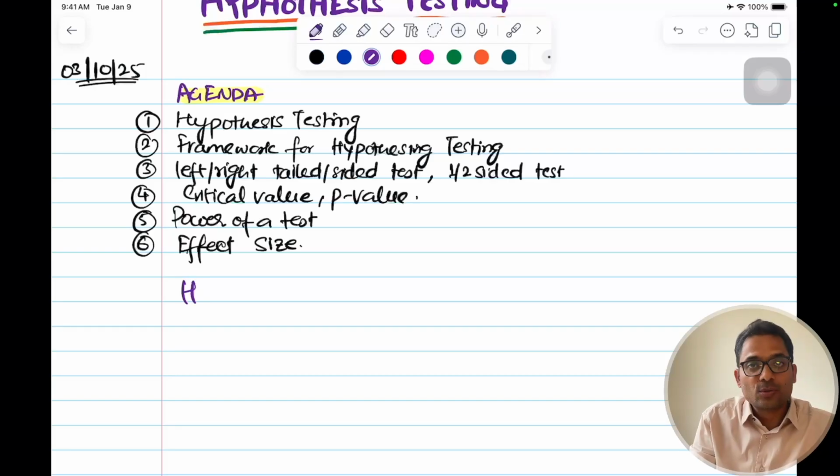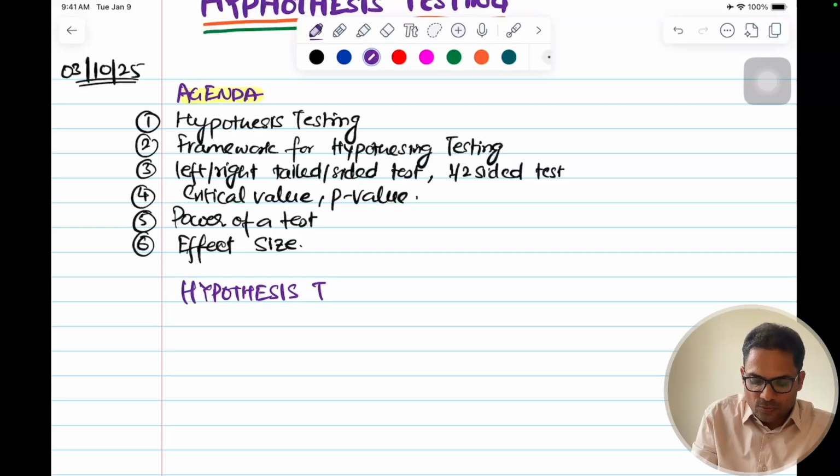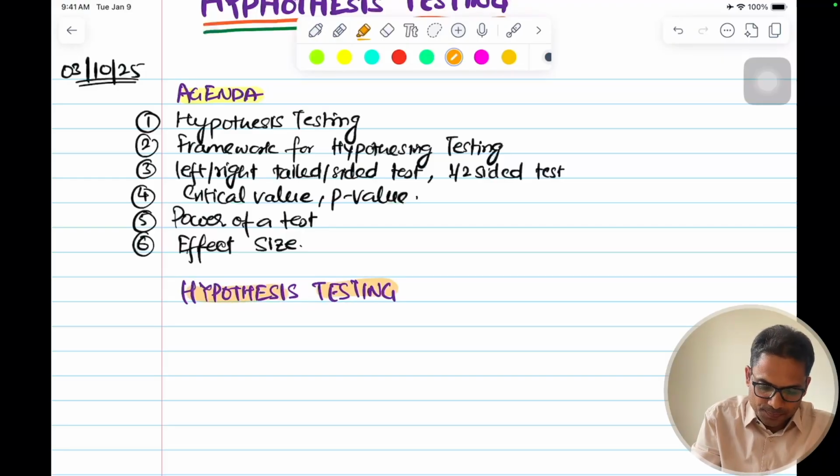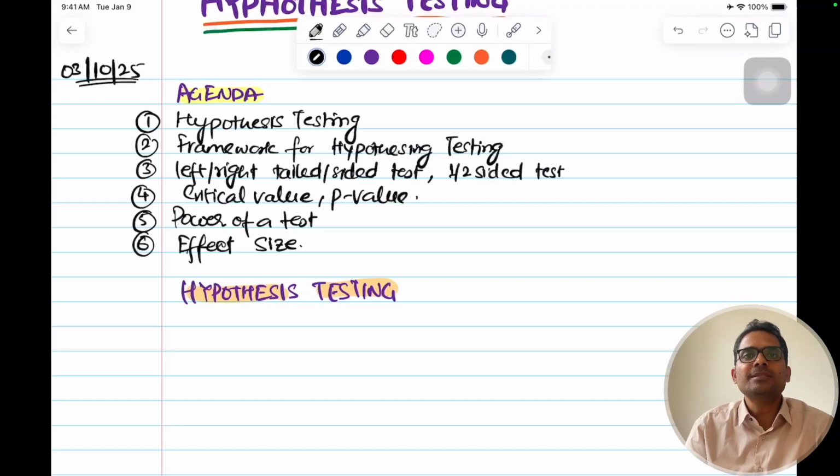First thing, hypothesis testing. There are two words in this. So let me write it down. First of all, what do you mean by hypothesis? We'll do a testing, that's later, but what's the literal meaning of hypothesis? Hypothesis in general is an idea that is suggested as a possible explanation of something, but that has not been validated yet. And that's what we do when we test it. So you propose a hypothesis about an idea that something is like this because of such and such reason, but that idea, whatever suggestions you have made, has not been validated as true or false.